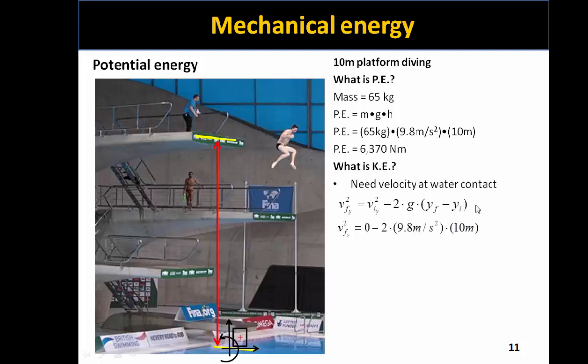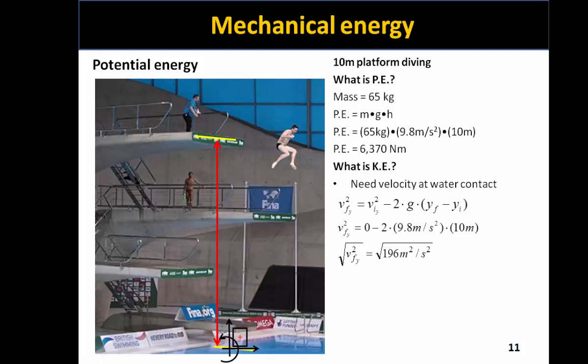And so by substituting values, we have, of course, an initial velocity, instantaneously, right at the instant the jumper breaks contact with the platform, and that we assume to be 0 meters per second. Subtract the product of 2 times the acceleration due to gravity, and the difference in the height, which is taken as 10 meters.